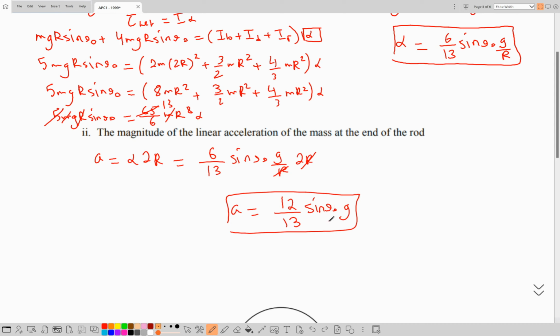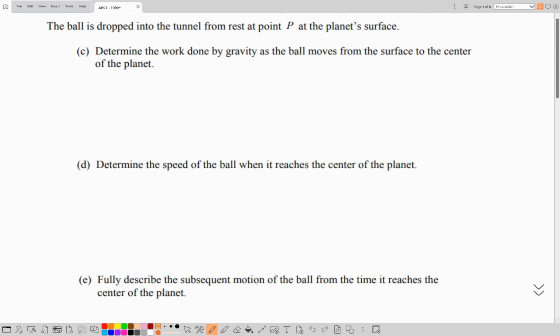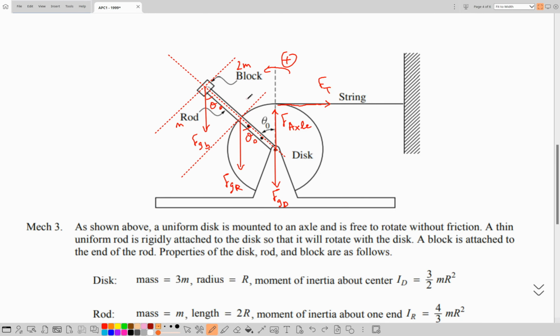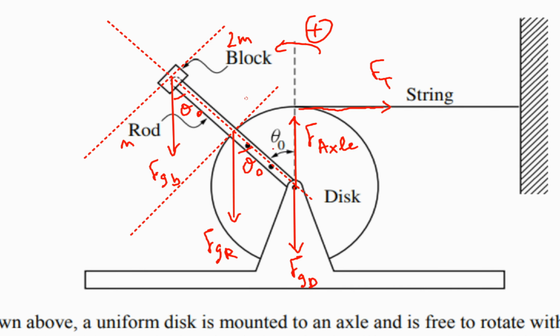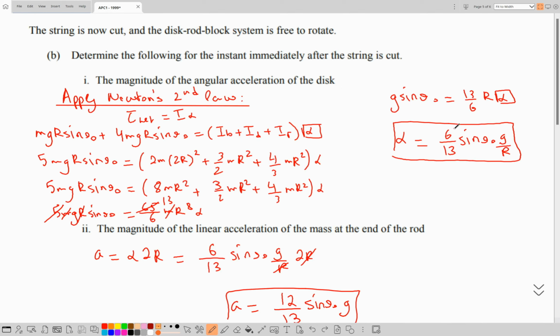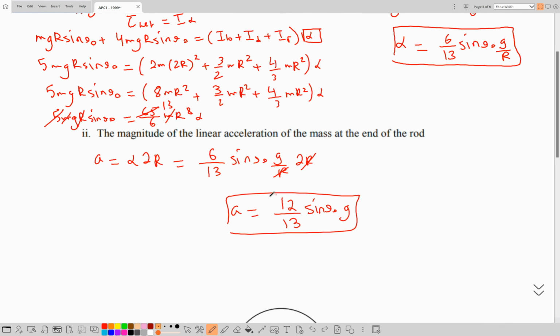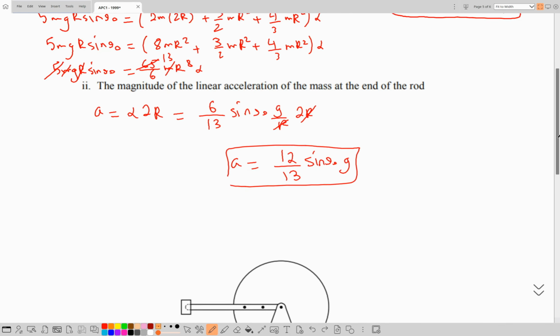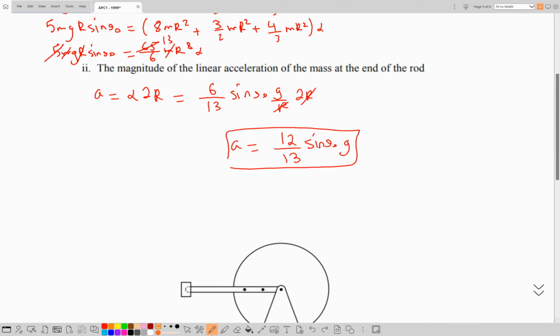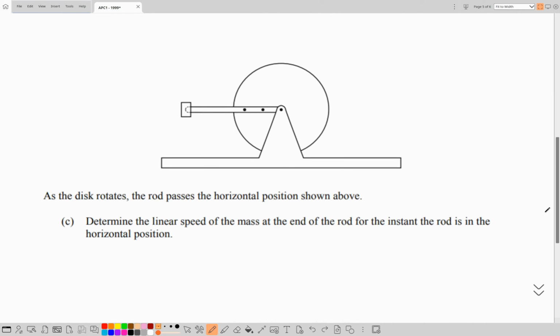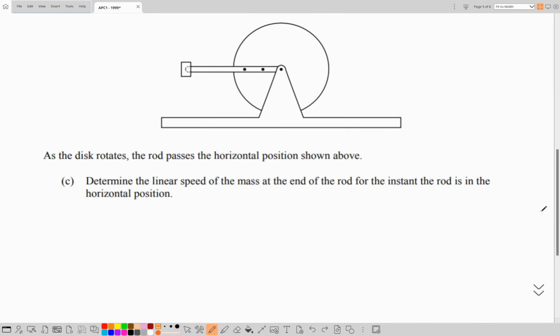If you wait until time evolves, the value of theta 0 will change, because as the rod starts falling down, the angle theta with the vertical will change, which means that theta is a variable, which means again that the acceleration is a variable. So you cannot use kinematics. One way to do it is using calculus, but you need to apply a change of variable, which is a bit challenging.